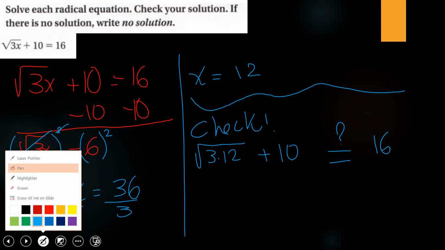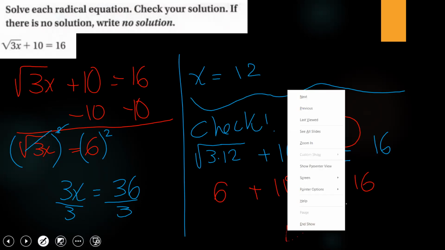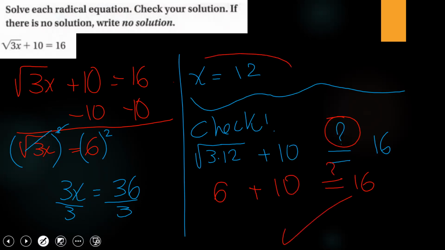Let's see. The square root of 3 times 12 is 36. The square root of 36 is 6. 6 plus 10. Is it equal to 16? Yes. So x equals 12 is a solution.